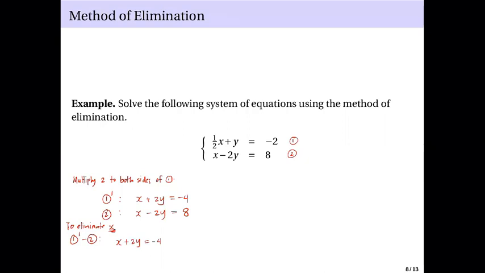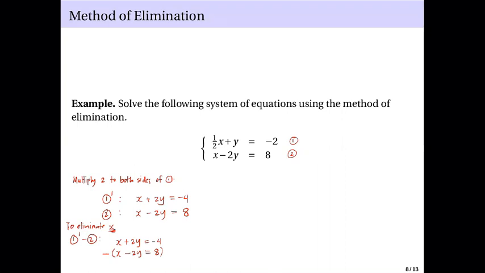Normally, students will write this: quantity, so you are going to subtract, so minus, you will write x minus 2y equals 8, and then close the quantity. Normally, this is what students do. But the more proper way is you subtract the left-hand side, and also you subtract the right-hand side. So that's what I'm going to write.